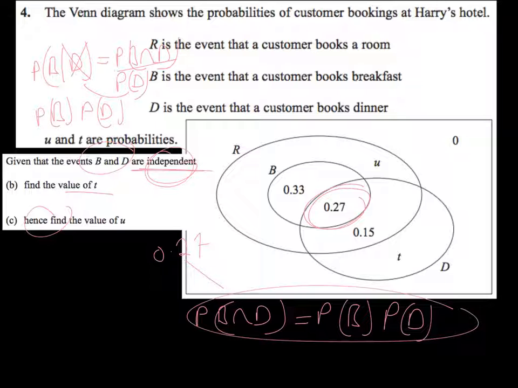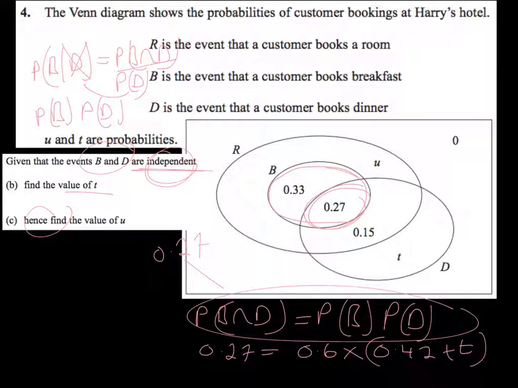gives us. So the probability of B happening is going to be this, which is going to be 0.6, and we need to multiply that by the probability of D happening, which is going to be 0.27 plus 0.15, which is going to give you 0.42 plus T. So we can see we've got 0.27 is equal to this expression here.